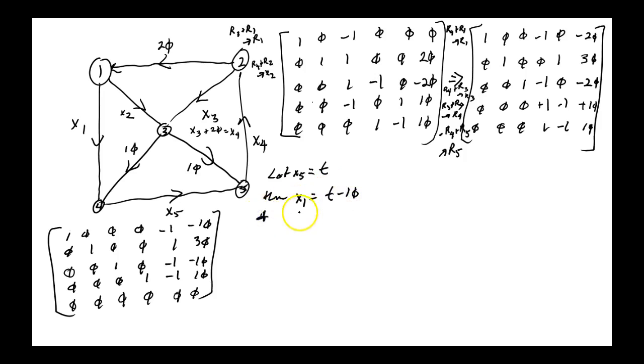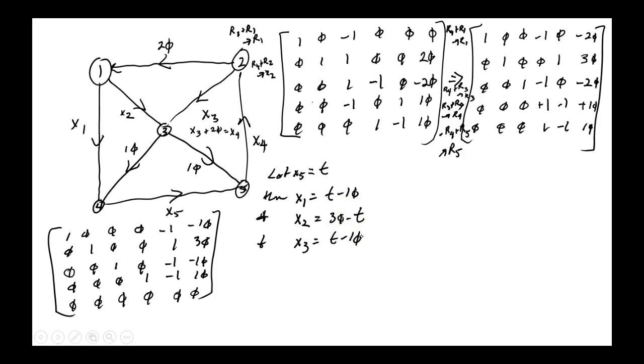And x of 2, 30 minus t, and x of 3, minus 10 plus t or t minus 10.